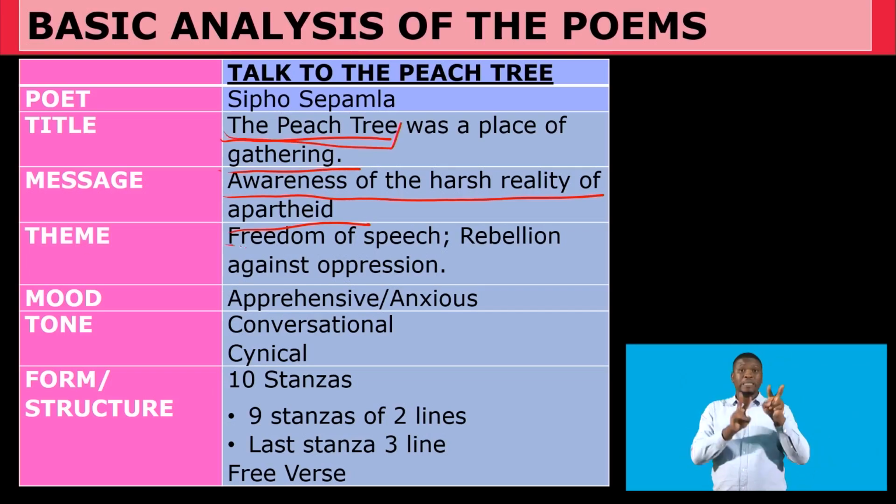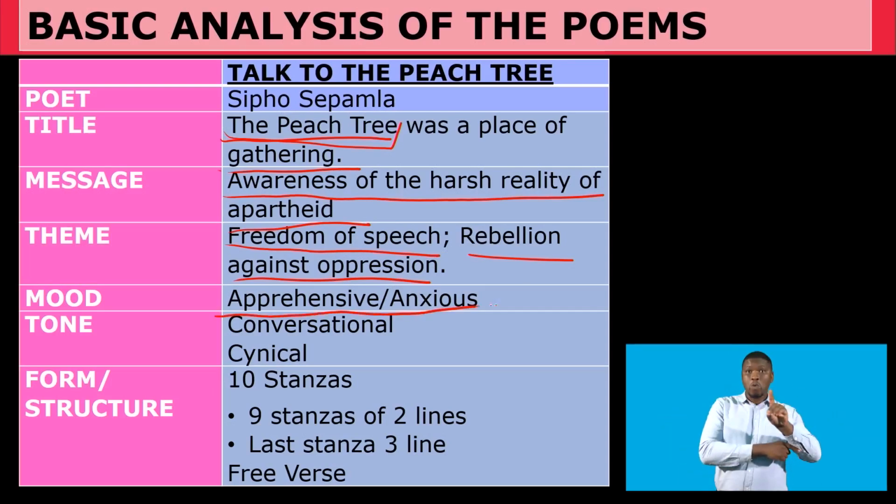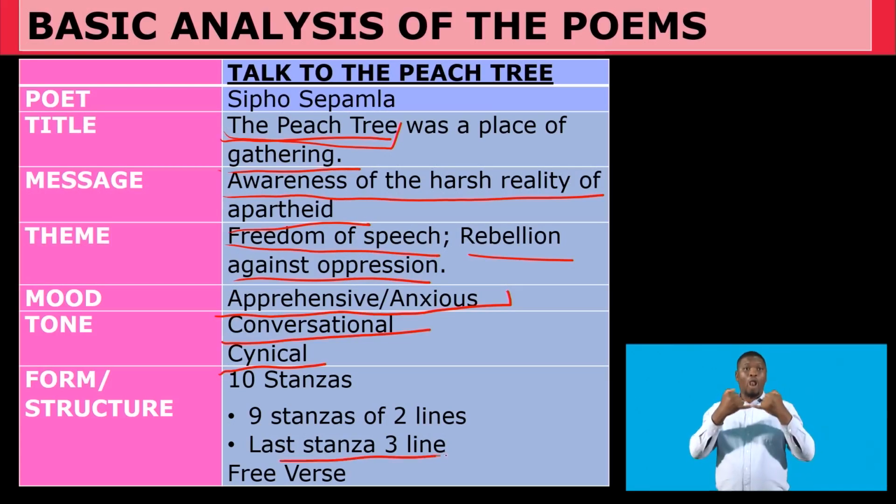The theme is freedom of speech, rebellion against oppression, which in this case, the oppression would be apartheid segregation. The mood is apprehensive and anxious. The tone would be conversational and cynical. There are 10 stanzas in this poem, 9 stanzas of 2 lines. The last stanza has 3 lines and it is also written in free verse.